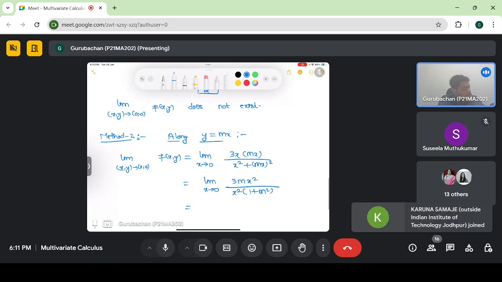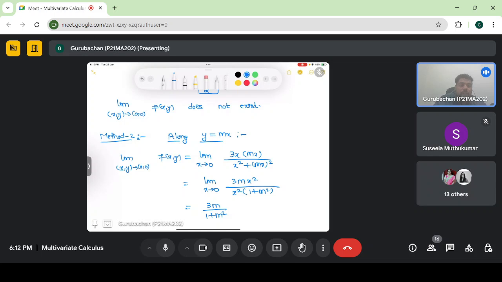So it will come out to be 3m by 1 plus m square. So it is dependent on m. That means when we change the value of m, we are changing the curves. Along with the changing of curves, the value of the limit is changing. Again, the conclusion is the same: the limit of this function at (0,0) will not exist.